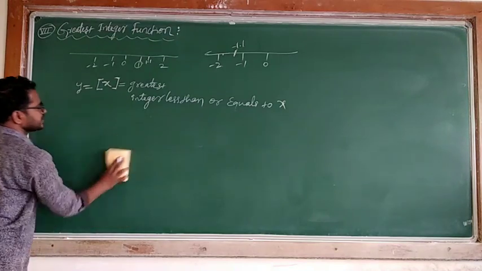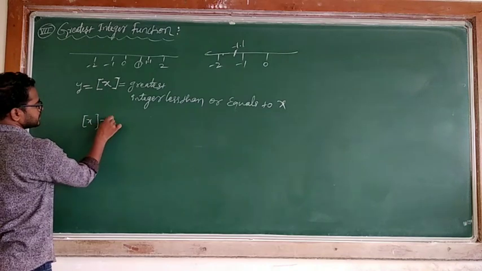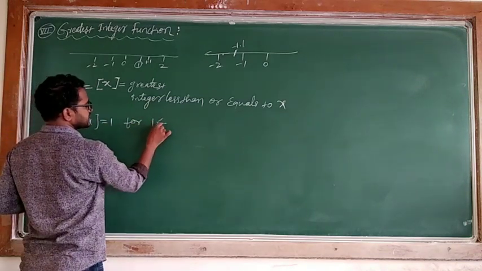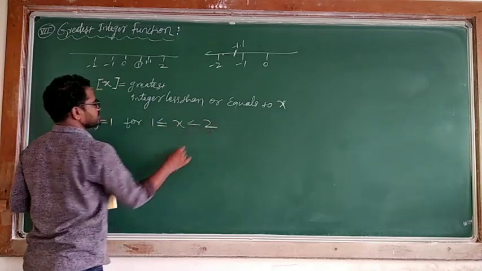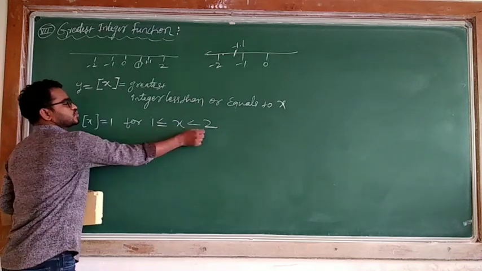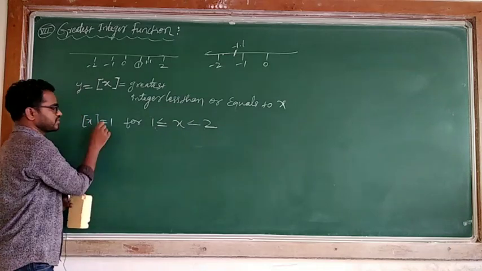Now I can say that for x lying between 1 less than or equal to x less than 2, the value is 1. Means 1 point x lies between 1 and 2. 1 is included but not 2. X may be any point, that will be 1 only.